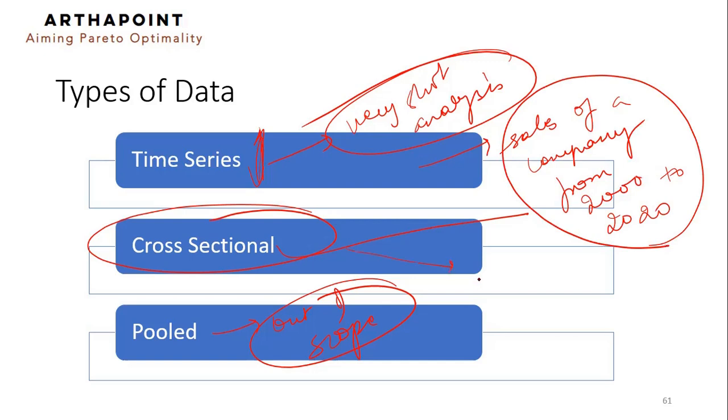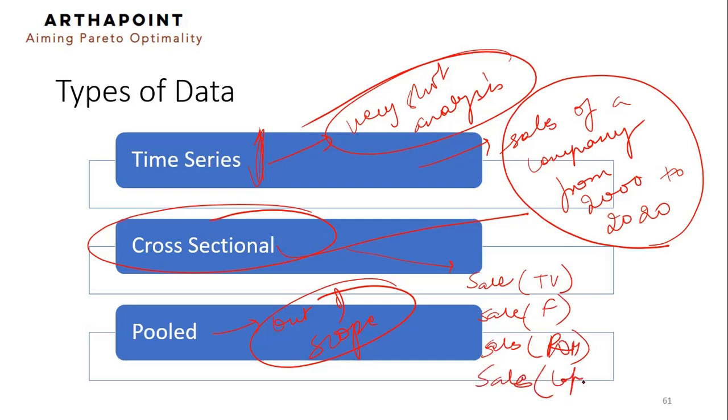So if I ask, what is the sale of TV, if I talk about an electronics company, what is the sale of TV, sales of refrigerators, washing machines, laptops, etc., but only in one period, only in 2010 or only in 2011, that's cross-sectional. So one period, many variables, cross-sectional. One variable, many periods, time series. Many variables, many time periods, pooled.